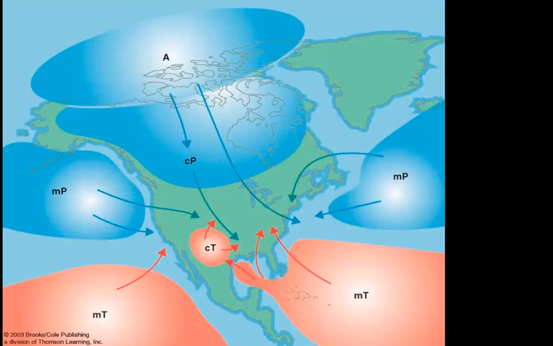All right, CP. Continental what? Polar. So that means it's what and what? Cold and dry. There you go. MP. We saw this already. What is it? You got to get familiar with these. Maritime polar. Then we've got CT.